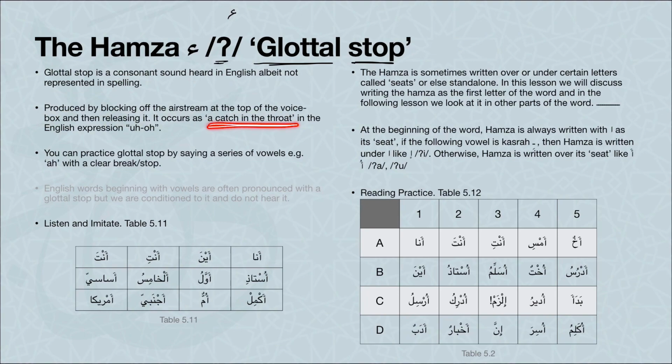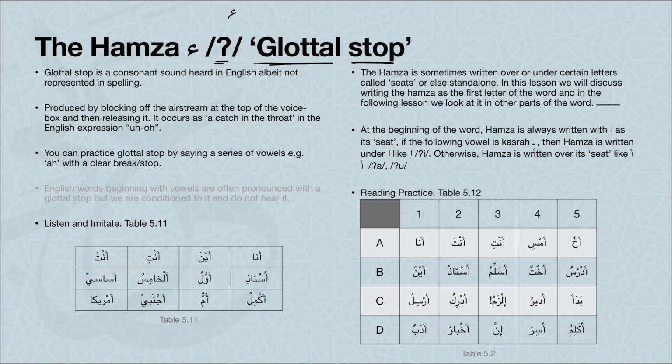Right now, if you all say the word uh-oh, something is caught in your throat. In English, probably every word that starts with a vowel starts with a glottal stop: apple, apple.